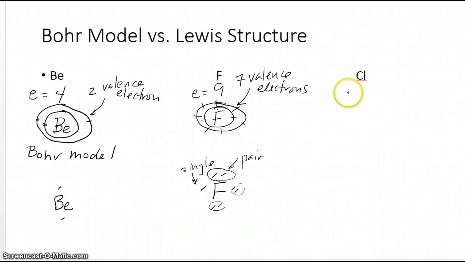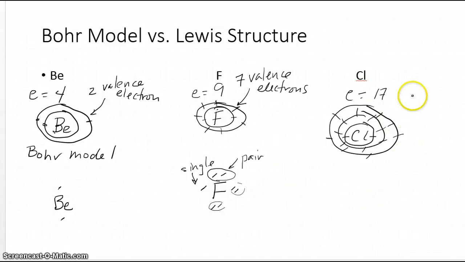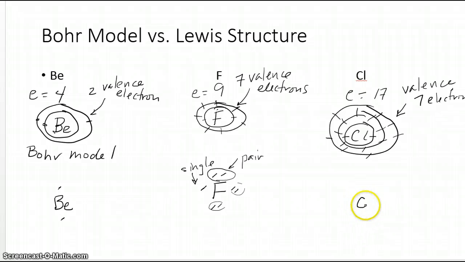Let's try chlorine. Chlorine has the atomic number of 17. If I draw chlorine quickly, again, Bohr model, 2 electrons in the first shell, we have 8 in the next shell, and then in the last shell, we have 7. And that works out to be 17. Same thing: remember, we're just concerned about the valence electrons. The valence electrons for chlorine, there are only 7. So our Lewis structure is essentially going to look exactly like the one of fluorine, only this time you're going to have chlorine in the center.